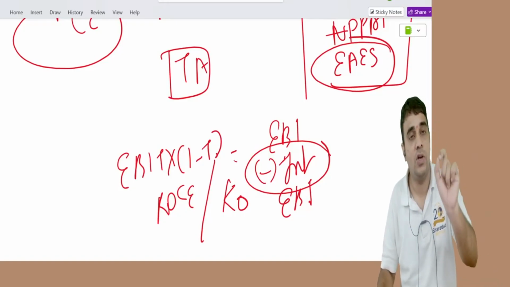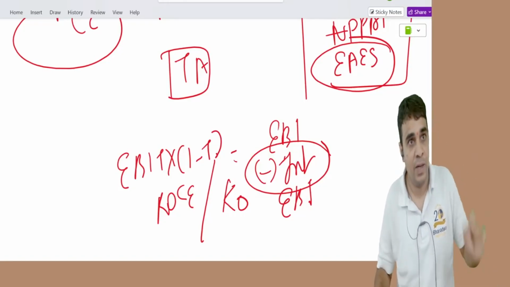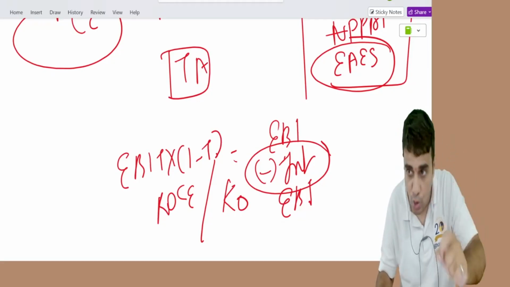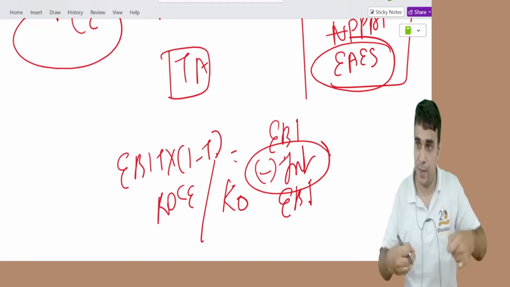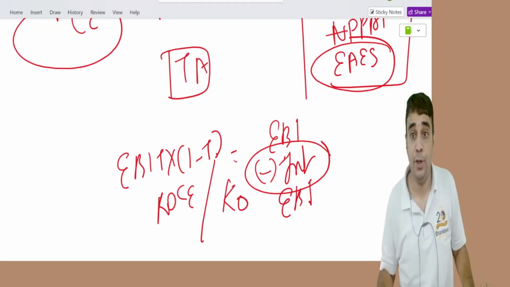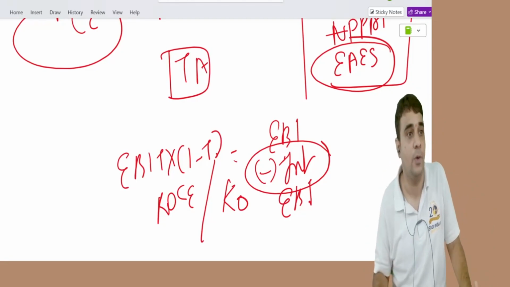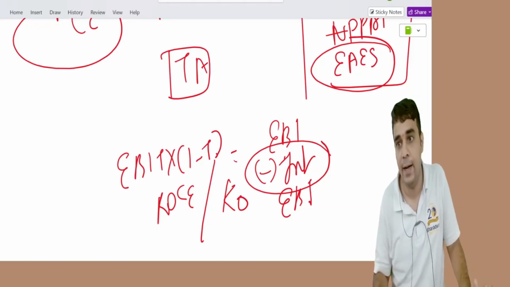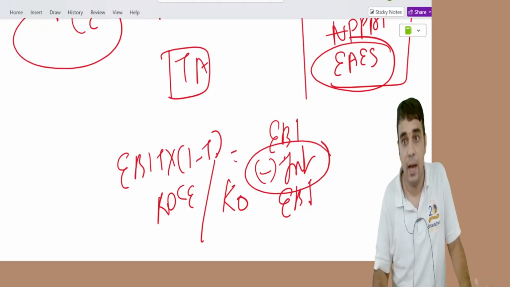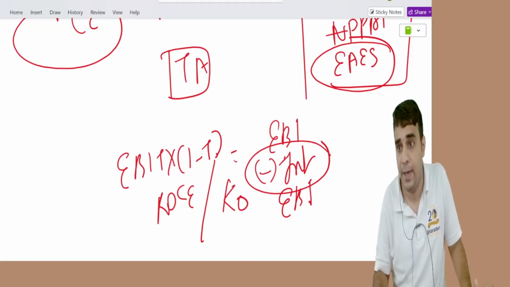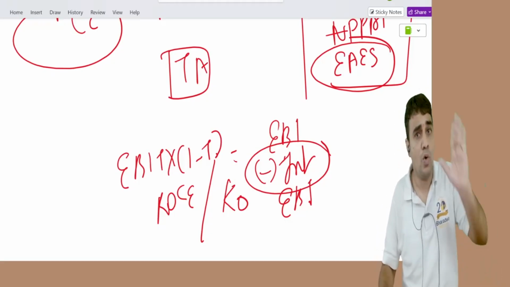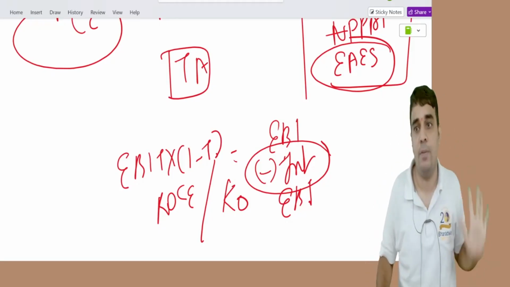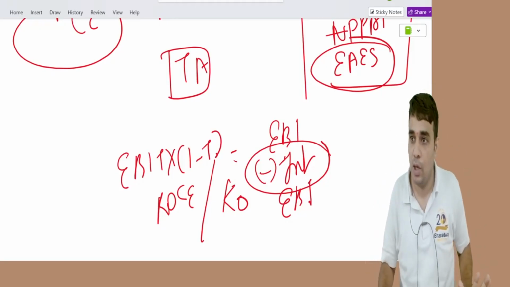The logic of the ROC formula, EBIT by capital, EBIT into 1 minus taxes, is that I don't know whether I will have borrowing, preference, or equity. It could be a 100% equity company, or 20% equity, 20% debt, and so on. I don't know the combination, and ROC says I am not bothered what the combination is.